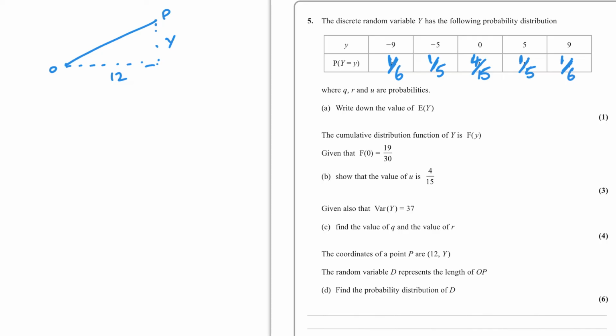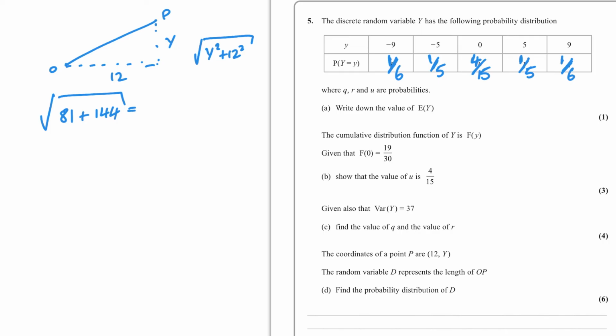And obviously the length of this is going to be Pythagoras, so it's essentially going to be the square root of y squared plus 12 squared. That's essentially what we're looking at. So let's look at the possible values. So if y is minus 9 or y is 9, when they're squared, it's going to give me 81. So we've got 81 plus 12 squared, which is 144.